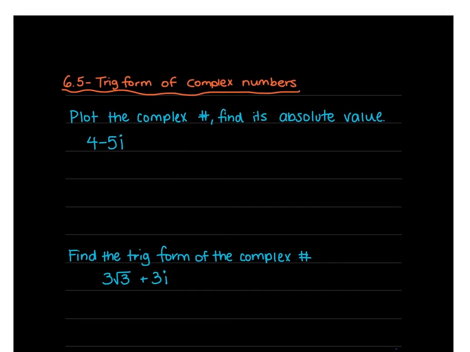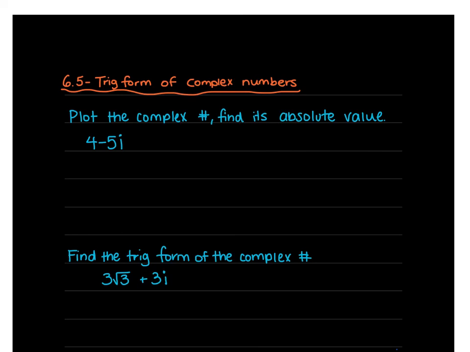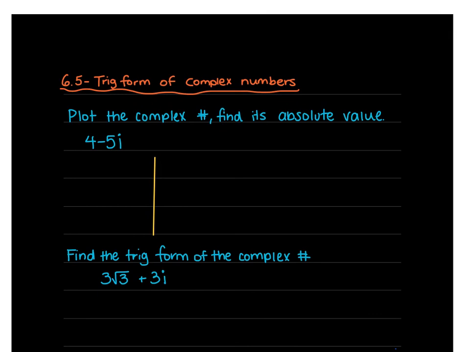All right, then the last section is 6.5, which was trig form of complex numbers, just like the one we started with at the beginning when we did our warm-up. So to plot them, first thing is obviously you need a coordinate grid, which will be provided for you.